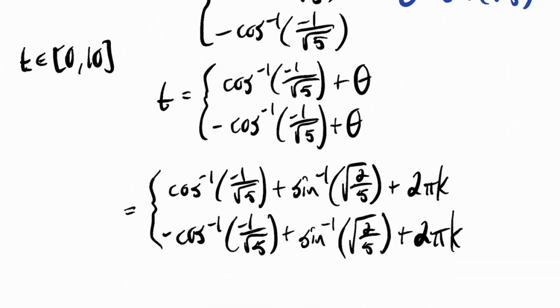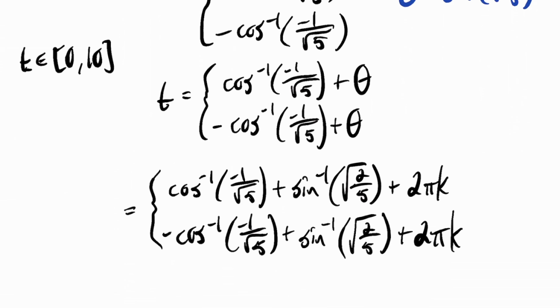Okay, so I need cosine inverse of negative 1 over root 5. Okay, that's about 2.03, but I want to add to that sine inverse of root 2/5. Okay, so I get, I'm assuming this is correct.